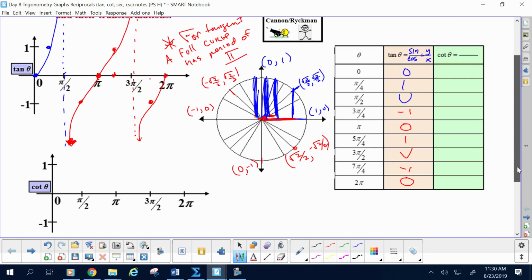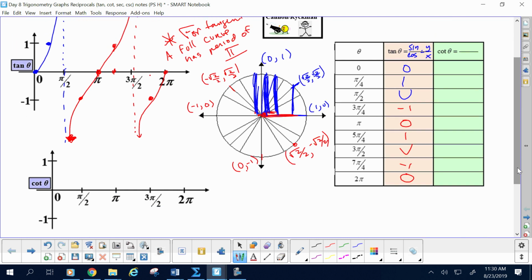Okay. So let's think about this in terms of cotangent. Cotangent is a reciprocal of tangent, or we could also think of it as cosine over sine, or x over y. Okay, so looking at these points here, here's the point at 0. What's x over y? 1 over 0.